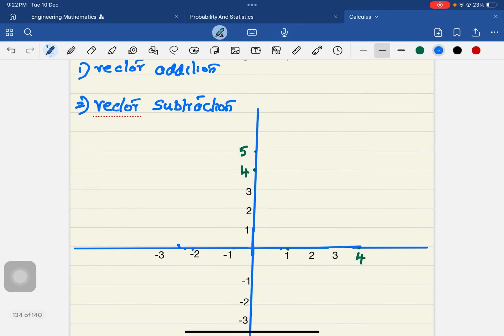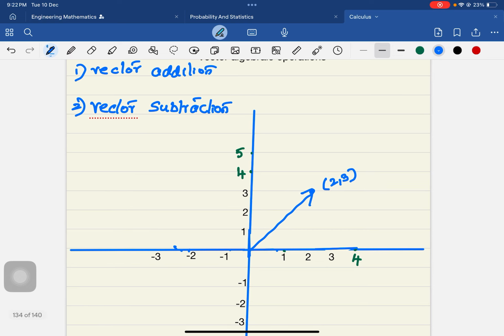Let us consider a vector, represented by (2, 3). I hope you all know, (2, 3) is the vector: 2 units towards the x-axis, 3 units towards the y-axis.